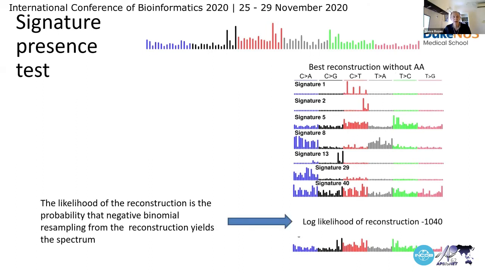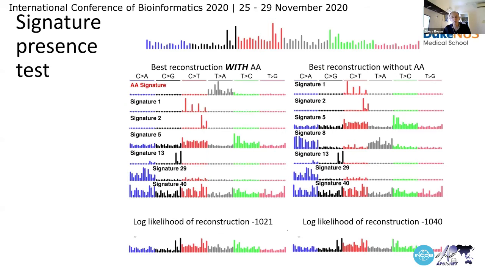So that is the likelihood of the reconstruction. I should say the likelihood of the reconstruction is the probability that negative binomial resampling from the reconstruction yields this spectrum, okay? And then we reconstruct the spectrum with the AA signature, and we get another log likelihood here.